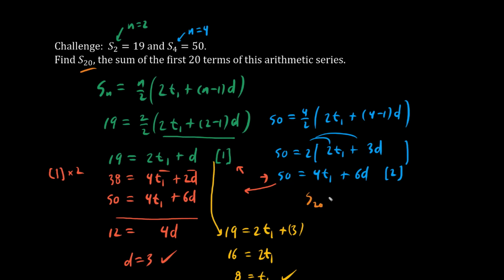The sum of the first 20 terms is n over 2 times 2t1, which happens to be 8, plus n minus 1, remember that n is 20, d, and d happens to be 3. Using a calculator, we get 730.